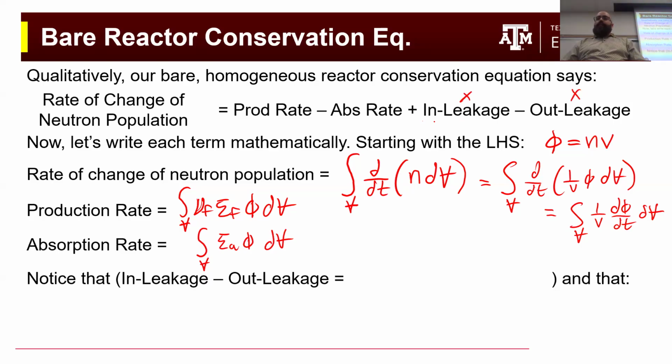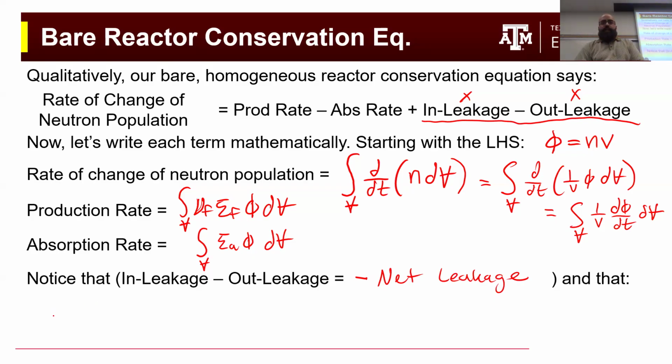And I've written it like this to see that I have in leakage minus out leakage. And my ins minus my outs would be the negative of my net leakage. So effectively, if I look at those two terms together, that's the negative of my net leakage rate.